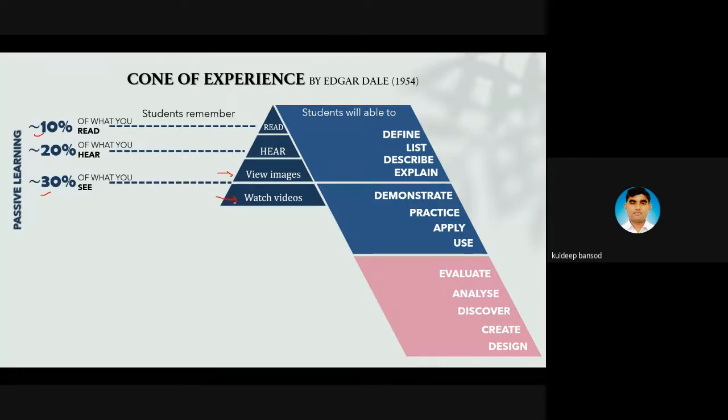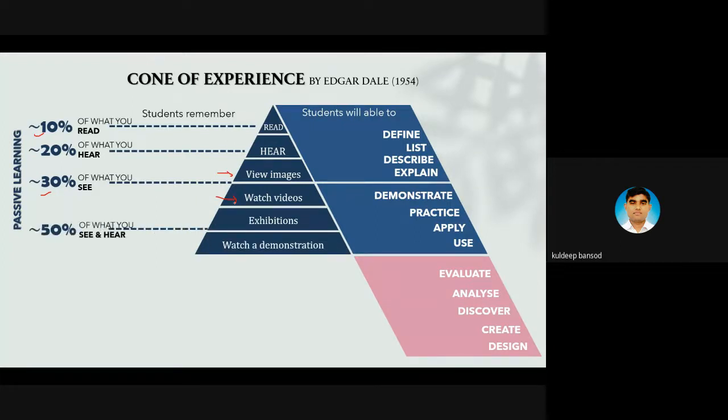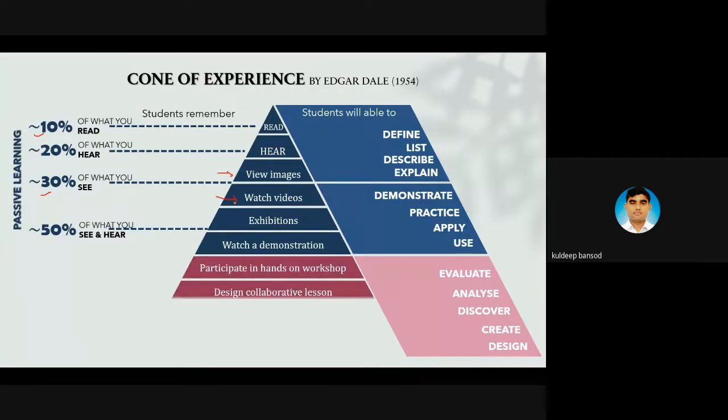Further remembering is increased if they see and hear or watch various demonstrations. If they participate in hands-on training or design collaborative lessons, then the learning is increased, or the memorization is increased, up to 70%.